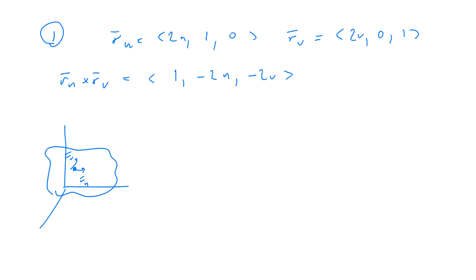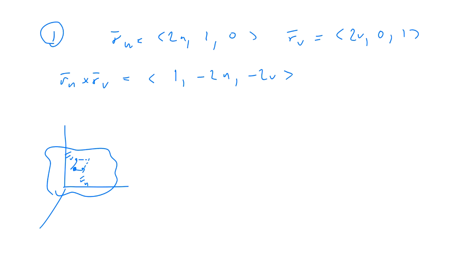Not to scale, if we don't go very far, it gives us a little tiny parallelogram. So when we look at the magnitude of the cross product, it's going to give us the area of that little parallelogram, and then we're going to add up all of them over all values of u and v.